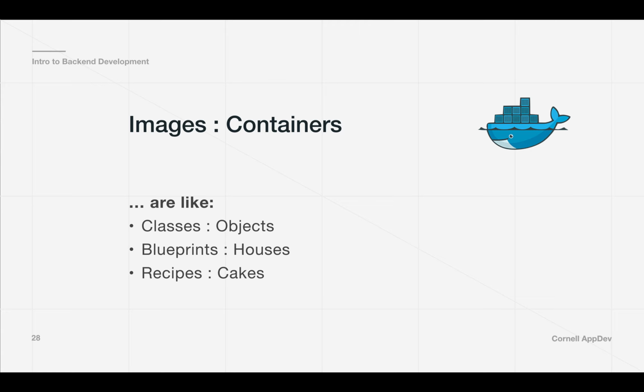So if you have a blueprint for a house, you can use that blueprint to make a lot of houses, and the houses are like the running blueprints, sort of, but not really. It's sort of the same thing, or like a recipe, and then when you have the cake, the cake is the container, and the recipe is the image. It defines how to make it, and the container is just like, oh, you actually did it. I'm not sure if that clears it up for anyone. Does anyone have any questions about that?